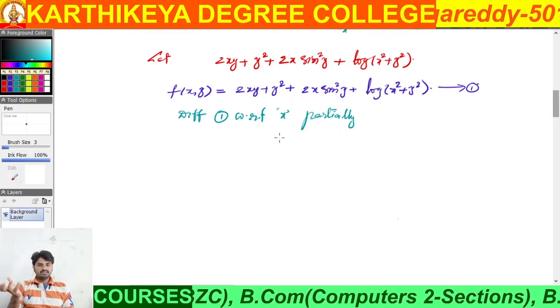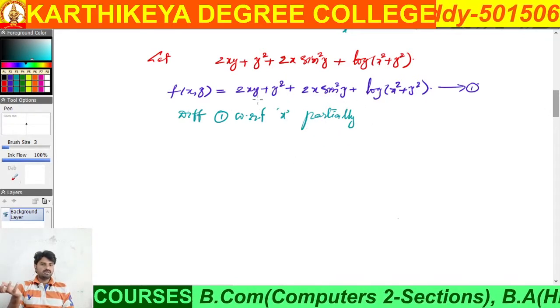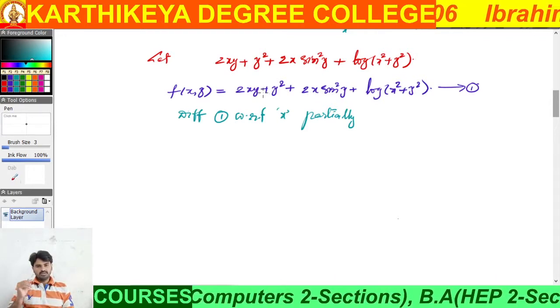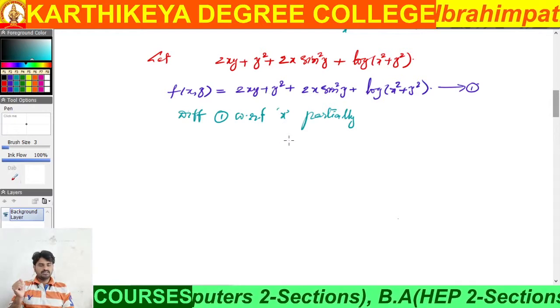Here there doesn't exist an ordinary derivative because the function involves more than one variable. Then we can only differentiate this function partially.